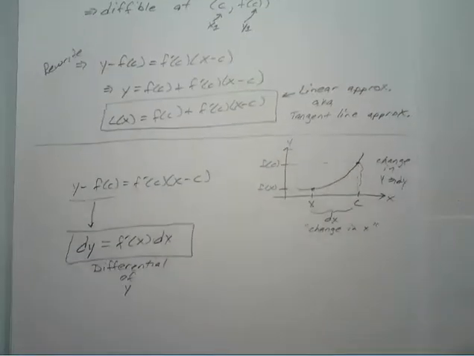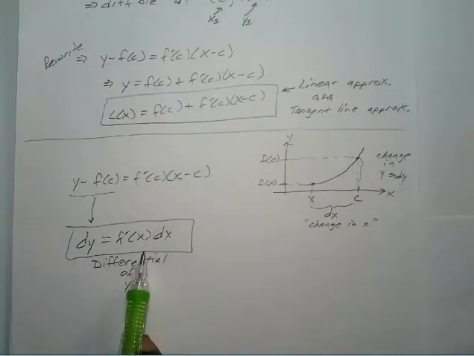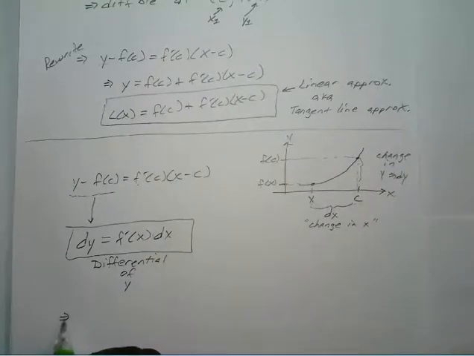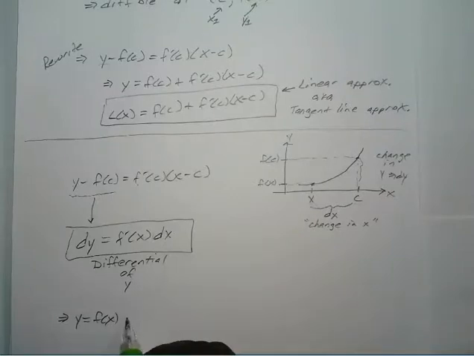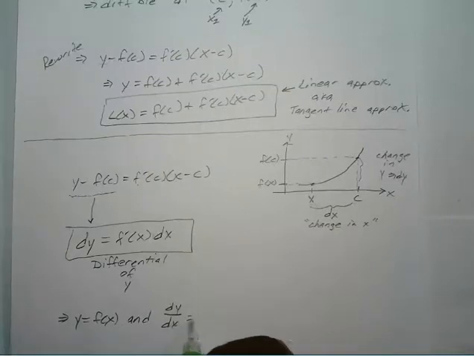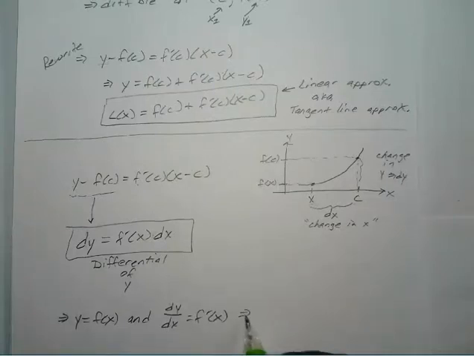Another way you can come up with this formula without having to go through all that is if you know that y equals f of x, and we also know that the derivative of y with respect to x equals f prime of x. Multiply both sides by dx, and you end up right back there.